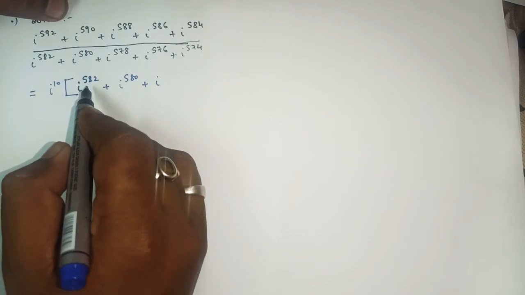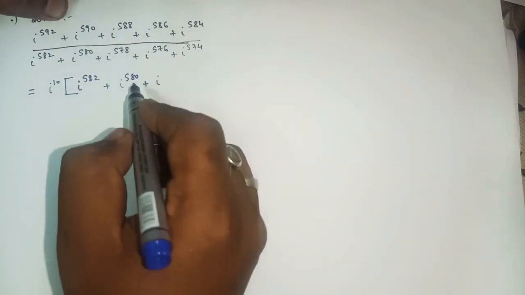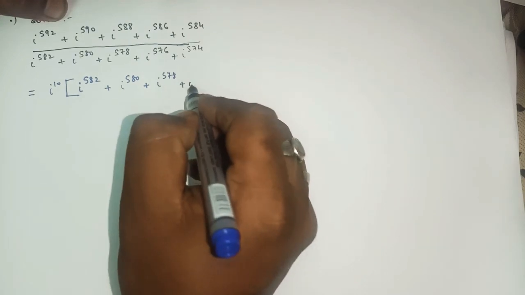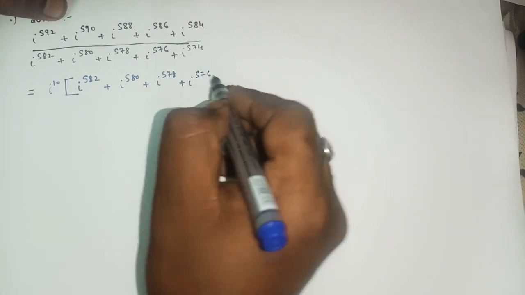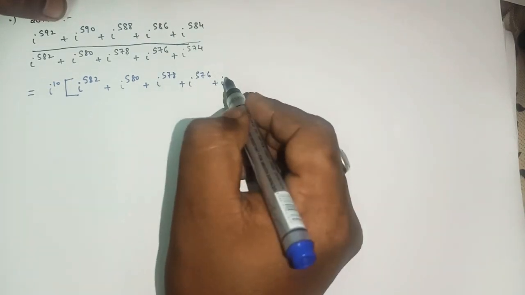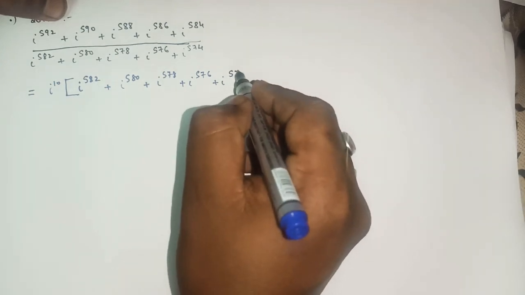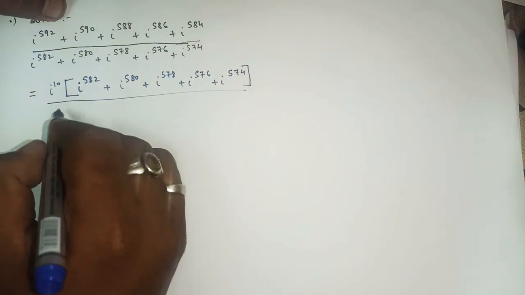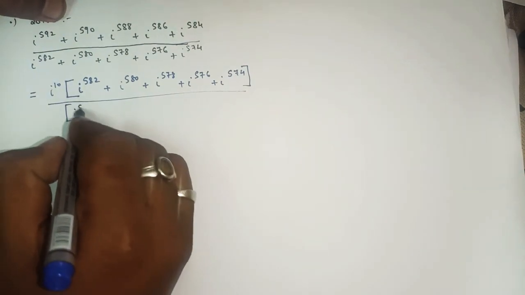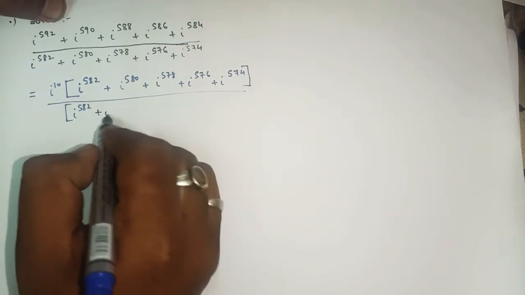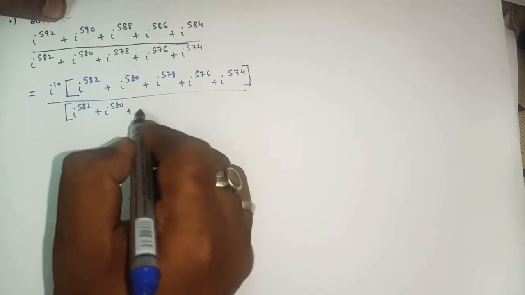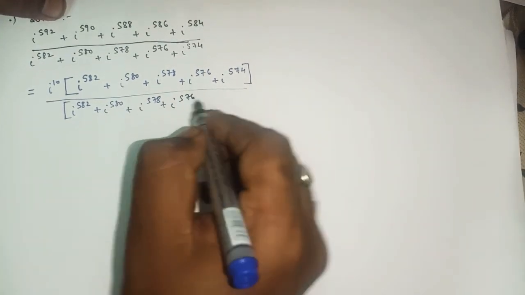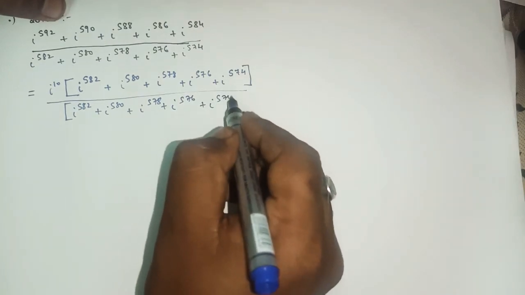So here you will get i raised to 582, 580, 578, i raised to 576, i raised to 574. And in the denominator you will get i raised to 582, i raised to 580, i raised to 578, i raised to 576, i raised to 574.